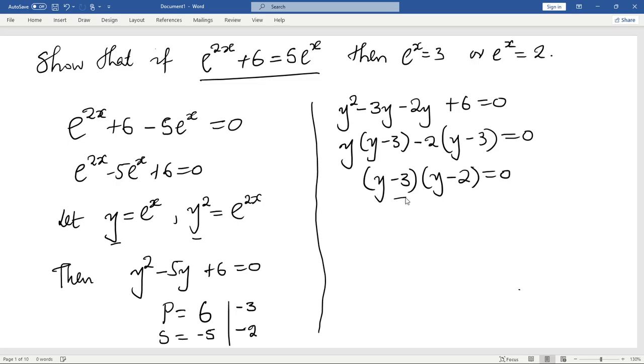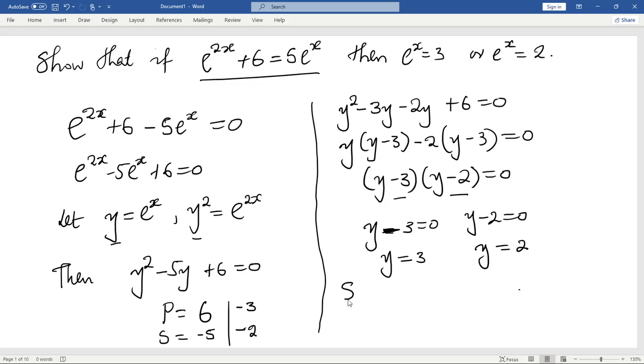We equate this to 0 and this to 0 as well. So here we have y minus 3 is equal to 0, and also y minus 2 is equal to 0 here. Then the value of y here is 3. The value of y this side is 2 here.